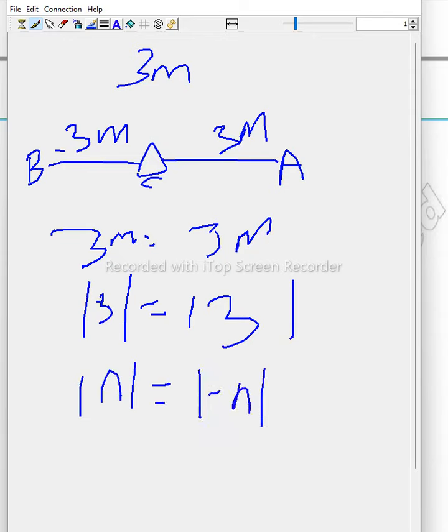Any number when it comes out of absolute value will be a positive number. Any number we input into absolute value, when it comes out, it is a positive number.